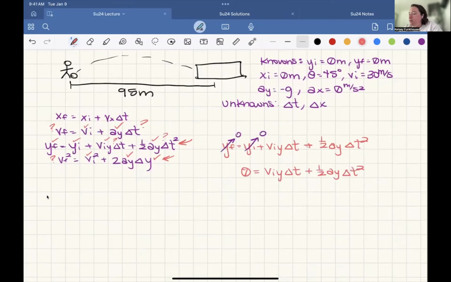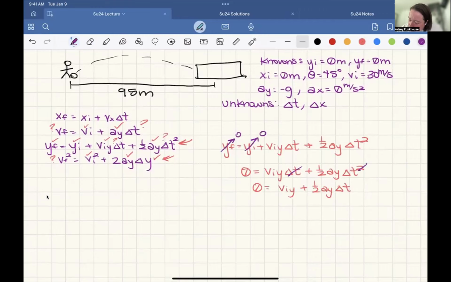Both of these terms are multiplied by delta T, or the time interval, so we can divide one of those out. We can say that one's gone and that one's no longer squared. So we are at 0 equals the initial velocity in Y plus 1/2 the acceleration in Y times the time. Okay, cool, but actually we haven't established what the V initial in Y is.